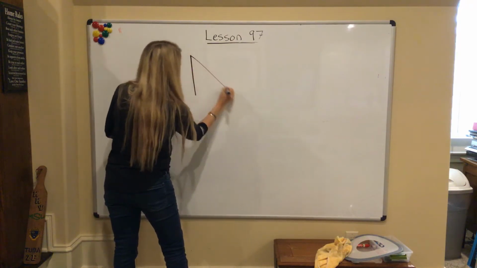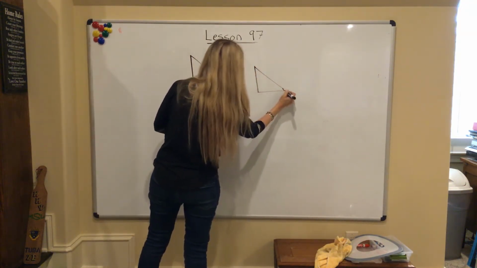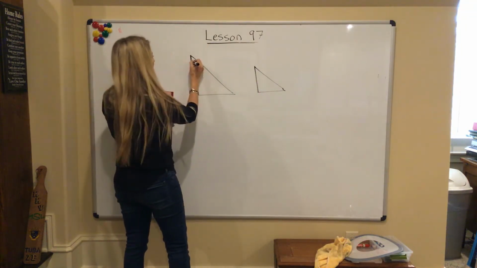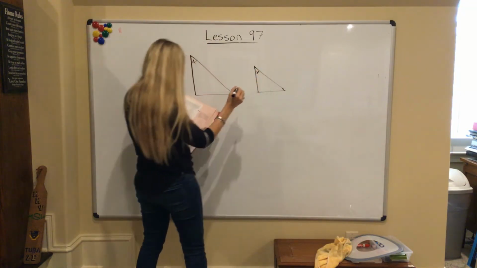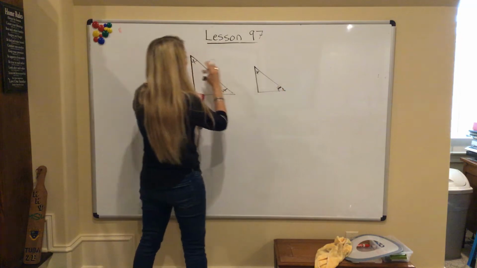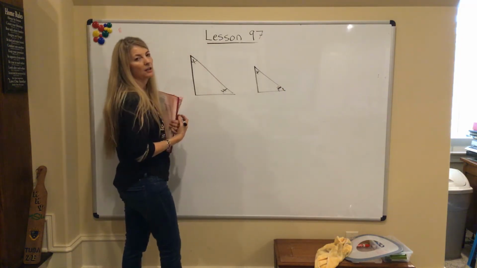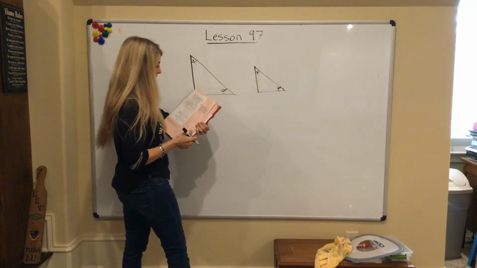So we have these two triangles, and the sides, we have this angle corresponds to this angle, and this one corresponds to this one. You have to always make sure you have lined up your angles that correspond to one another.